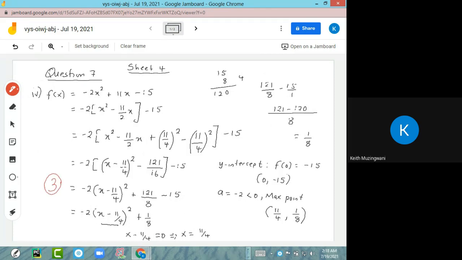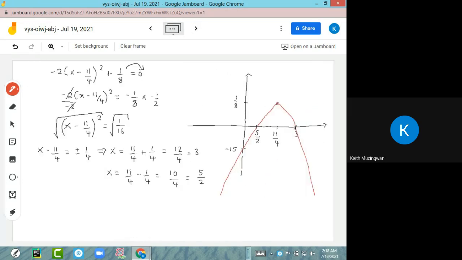And then when you sketch, you are given 1 mark for this point, another one for that point, for this one, and for that one. So you have 1, 2, 3, 4, plus 3, 7 out of 7. So if you have messed up on the points, you lose marks for those points.